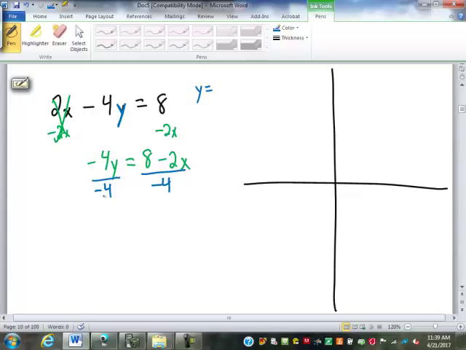So here we've got the negative 4y. The negative 4's divide out to give us just y. Here we've got to do it to each piece. So we've got to divide the 8, and we have to divide the negative 2x. So 8 divided by negative 4 is negative 2. Now negative 2x divided by negative 4?